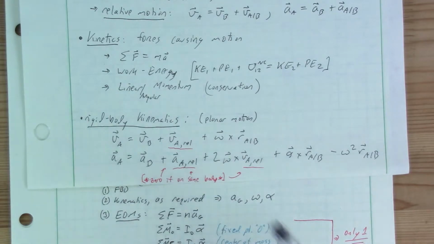But if we are truly on the same body, then those are 0, but we still get these extra terms due to the fact that the actual body itself is rotating and maybe angularly accelerating. Now these, remember, were the velocity and acceleration of particular points on that rigid body that was moving with omega and alpha as its angular velocity and angular acceleration. And we were writing this in terms of another point on the body, B.